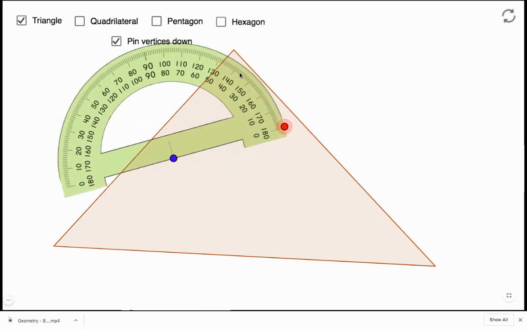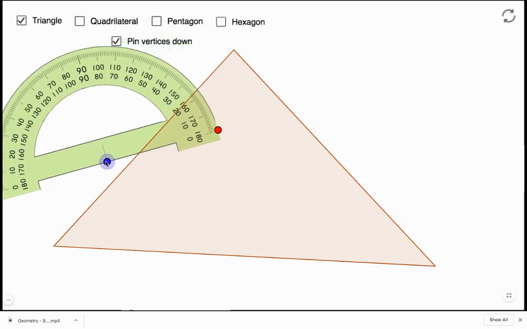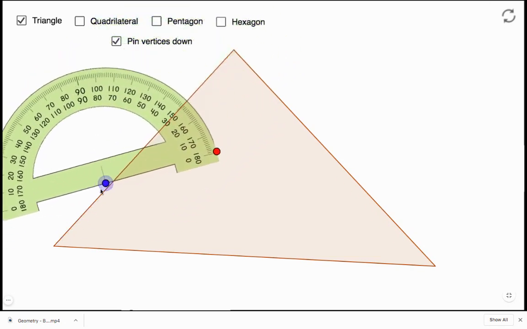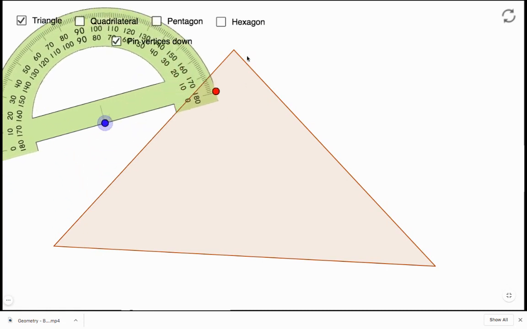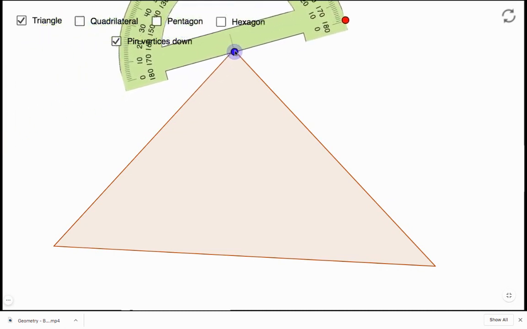So I need to find the measurement of all three of these angles in the triangle. So the blue would be the hole in your protractor, whatever. Either way, that goes on the vertex. So let's say I want to find this angle right here. And they don't have letters. We'll just call it the top angle. So that blue, right? And if you have a protractor that has a crosshair, that crosshair is going to go on that vertex.